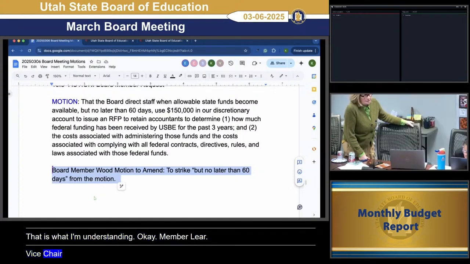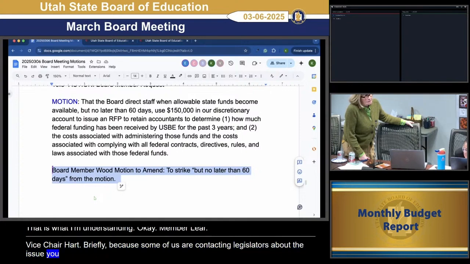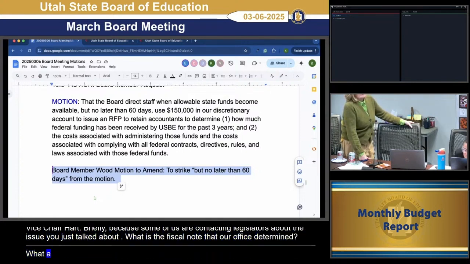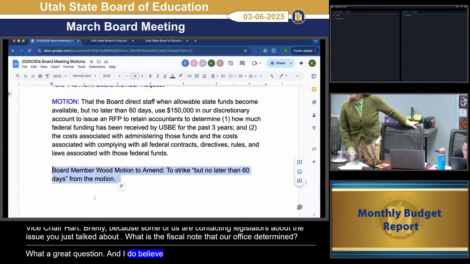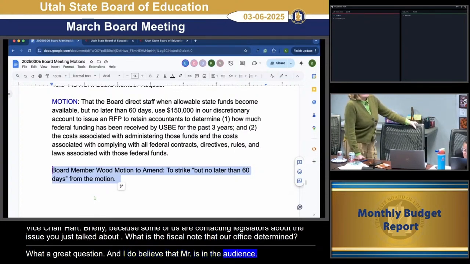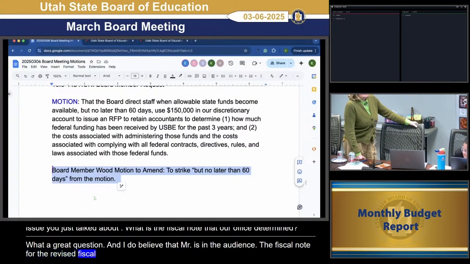Okay, Member Lear. To Vice Chair Hart, just briefly, because some of us are contacting legislators about the issue that you just talked about. What is the fiscal note that our office determined? Oh, what a great question. And I do believe that Mr. Uri is in the audience. The revised fiscal note, I believe staff kept very, very minimal.